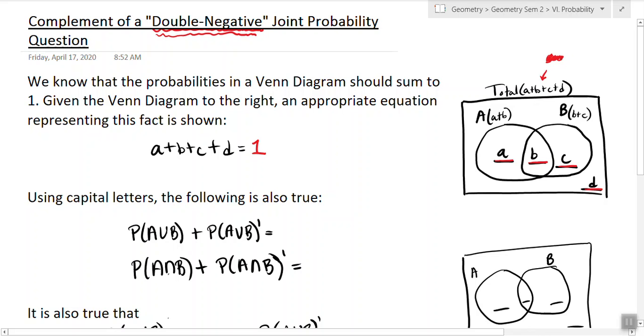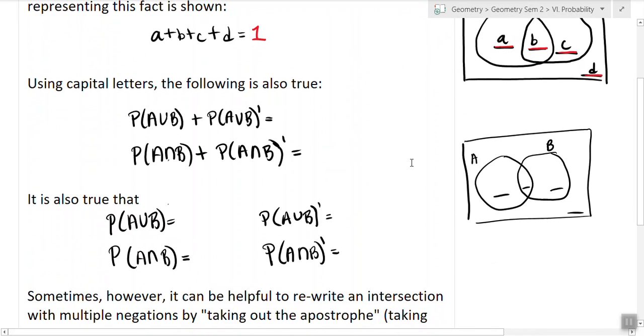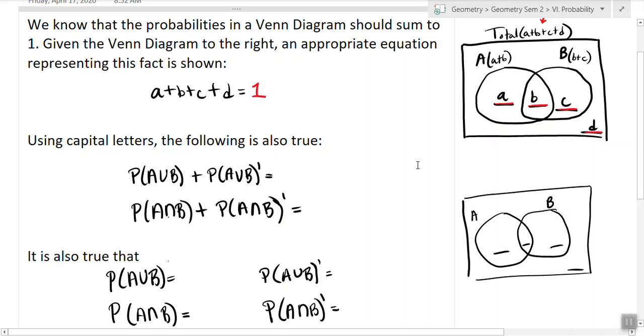But for our example today, we're just assuming that all of these are decimals, and those decimals better add up to 1. Okay? So using capital letters, the following is also true. If I took the probability of A or B, well, that'd be these three letters, A, B, C. And then I added on not that, well, not those three letters, that'd be letter D. Well, if I add those two things together, then I would get 1.